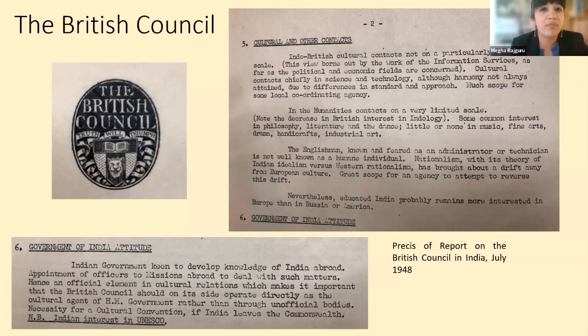It's not on an impressive scale, and more needed to be done in terms of connecting with the various cultural organizations in India. There's also a mention of how the Englishman, known and feared as an administrator or technician, is not well known as a human individual.